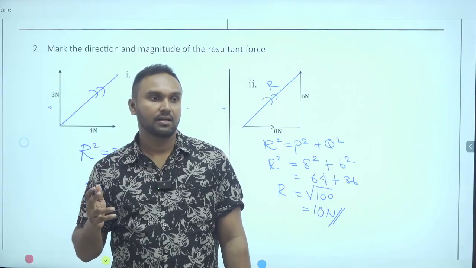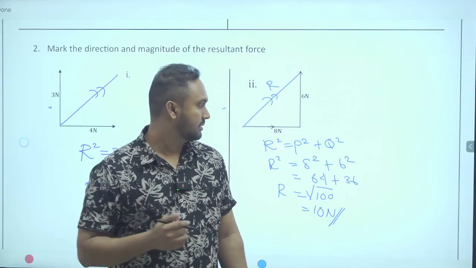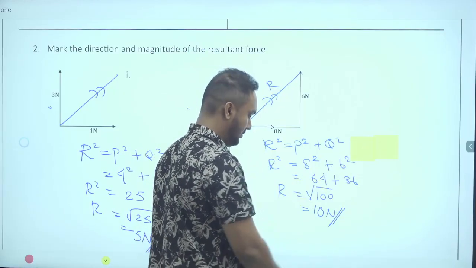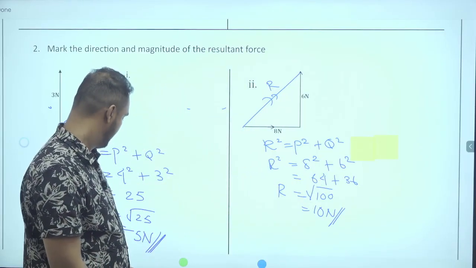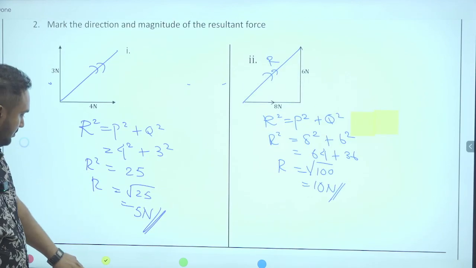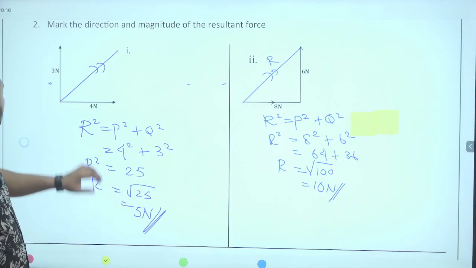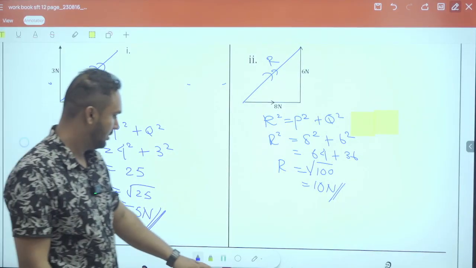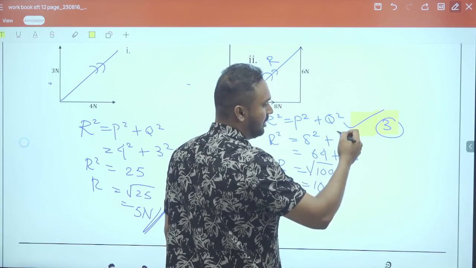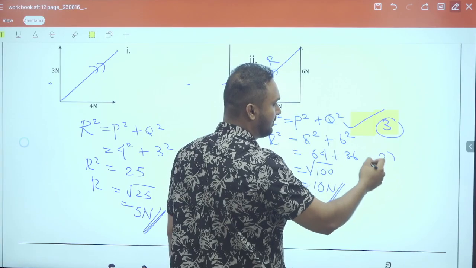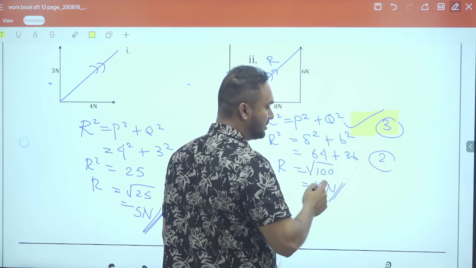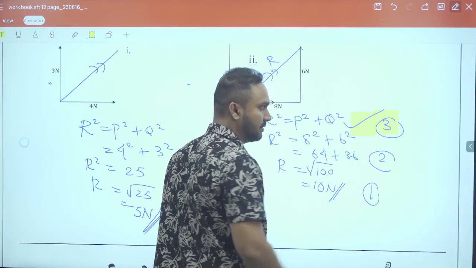Like if we take an equation, say like this, 3 marks are given for this, 2 marks for the simplification in the middle, and 1 mark for the final answer with units.